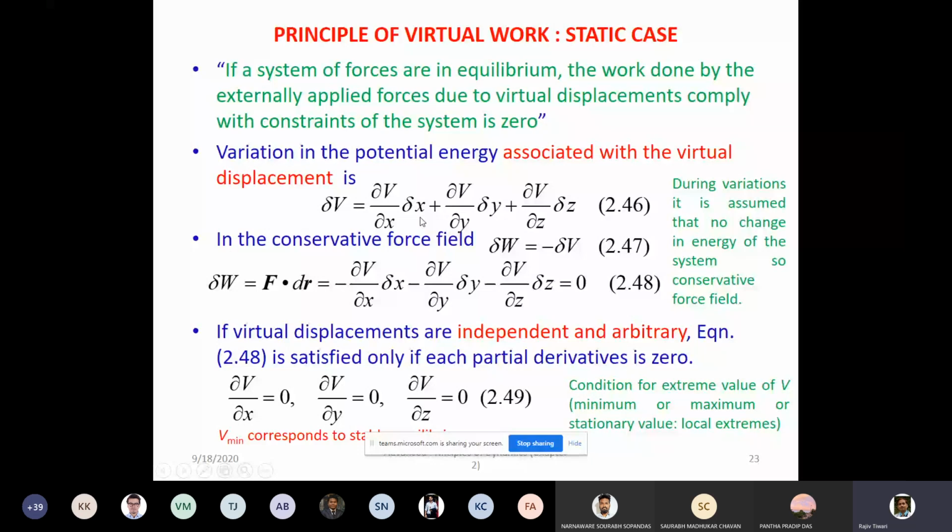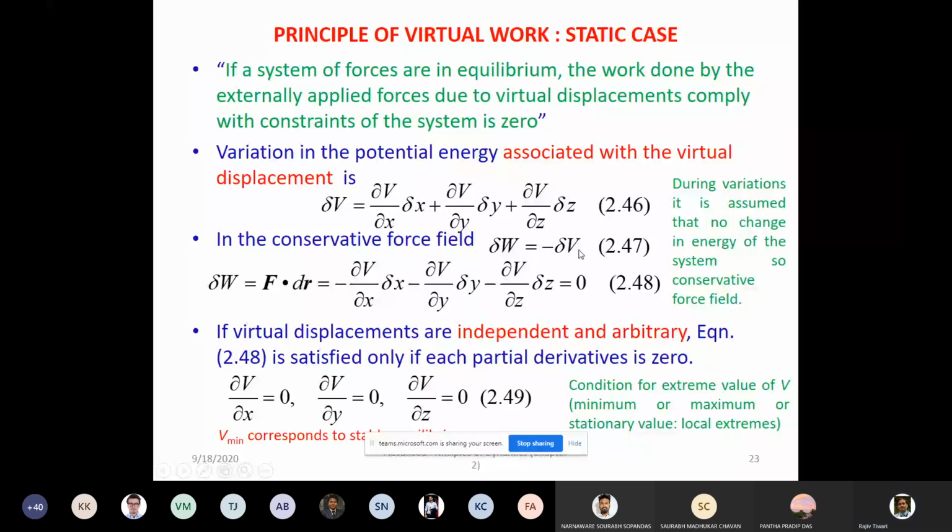So this is del V by del x times the variation of x, similarly variation of y, variation of z. But we know that in a conservative force field, when we are giving virtual displacement to the system, we are not changing the system energy. Total energy remains conserved. And for a conservative force field, we know that the virtual work done is equal to the negative of the change or variation in the potential energy.